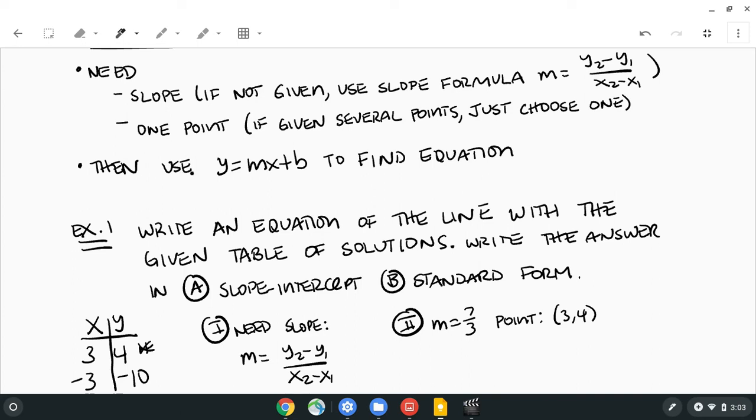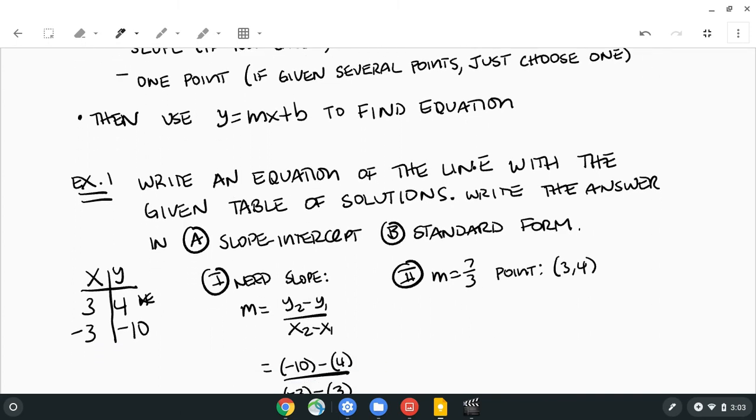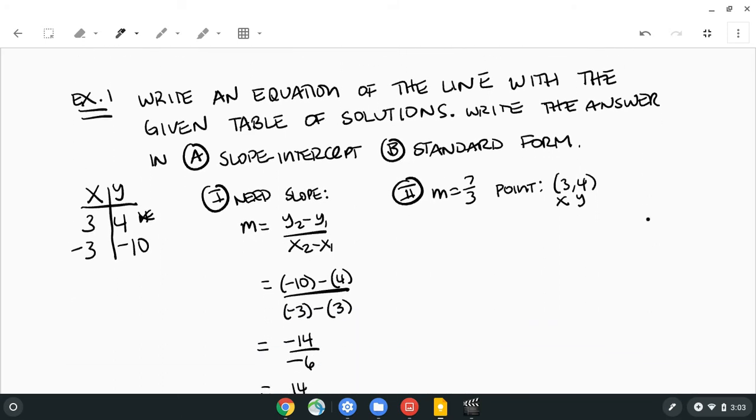And so now we're going to use this to find the equation. We have m, an x value, and a y value, so we use this to solve for b. All right, so let's have a look.